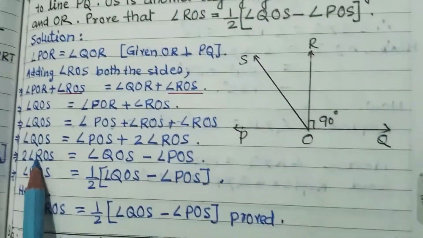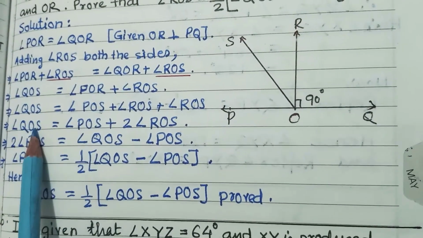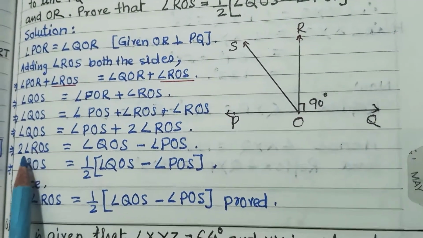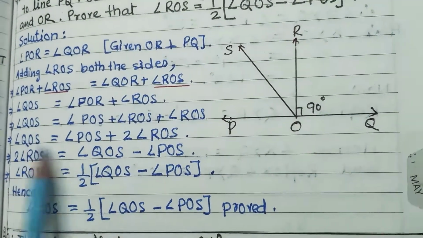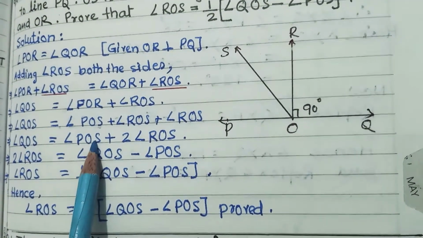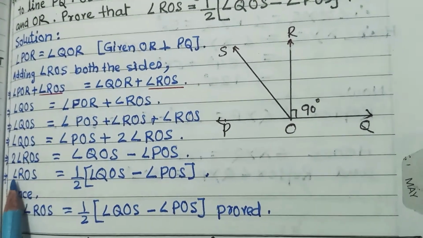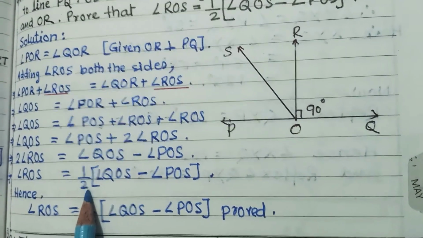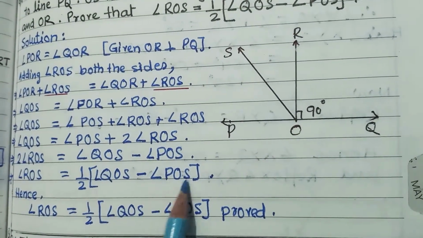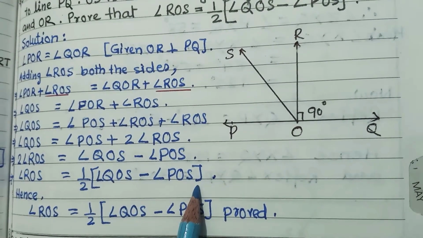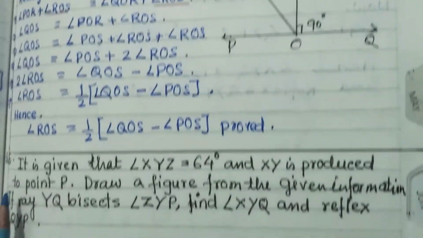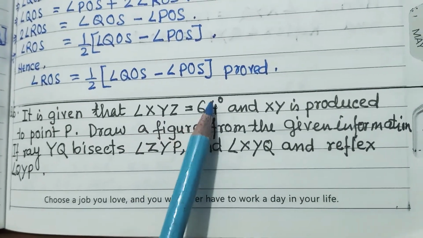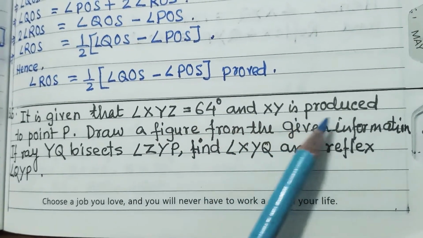Now ROS is equal, this will shift to that side, QOS will shift to this side. Now ROS is equal to QOS minus POS. So ROS is equal to, now these two will come to this side, half of QOS minus POS. It is proved.